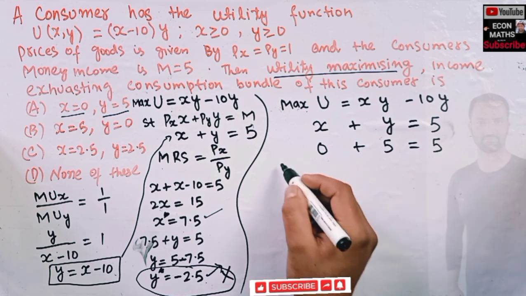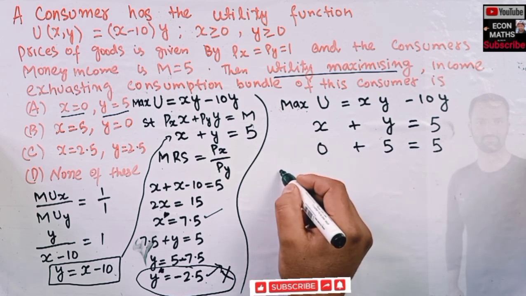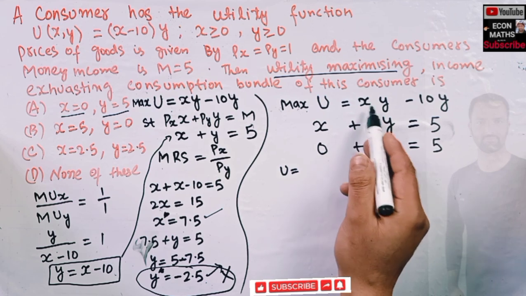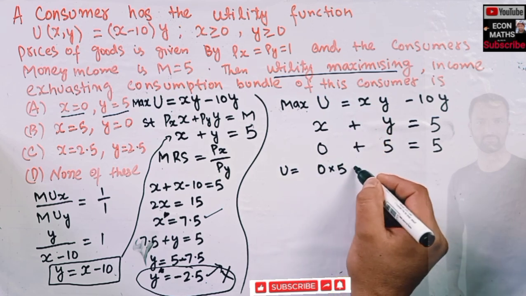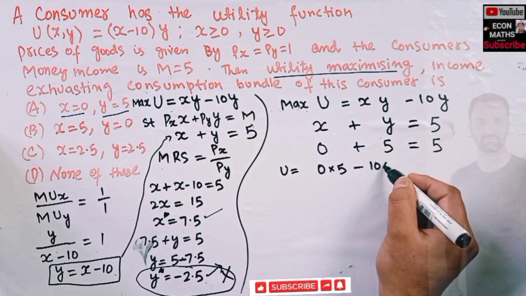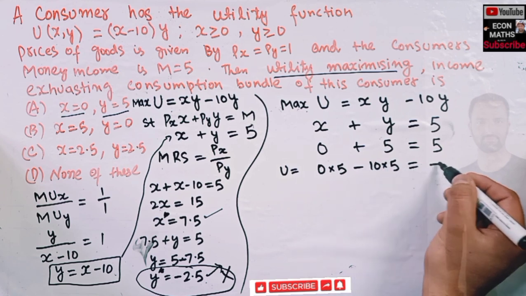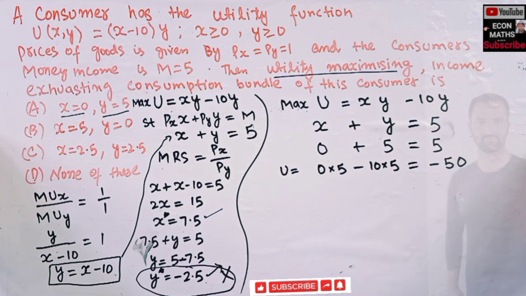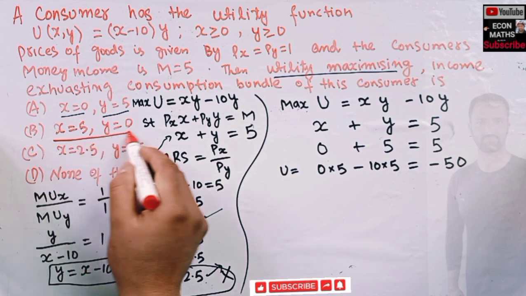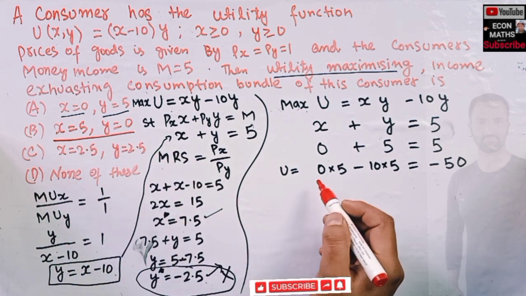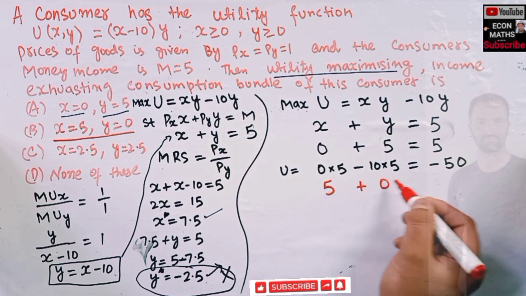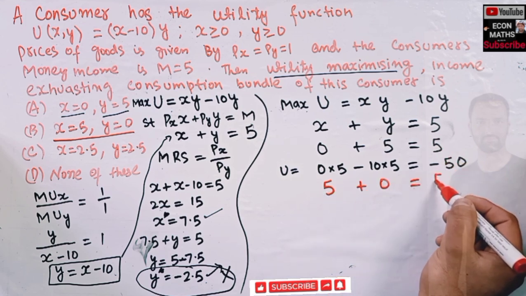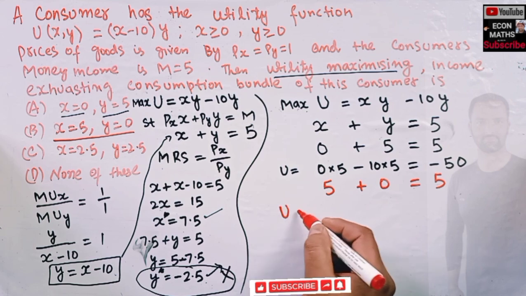But what will be the utility at that point? In place of x we have 0, so 0 into 5 minus 10 into 5, that means we have minus 50 as the utility for the consumer. Now let us put in this value. When the consumer is consuming 5 units of x and 0 units of y, our budget constraint is satisfied. What is the utility the consumer is getting?